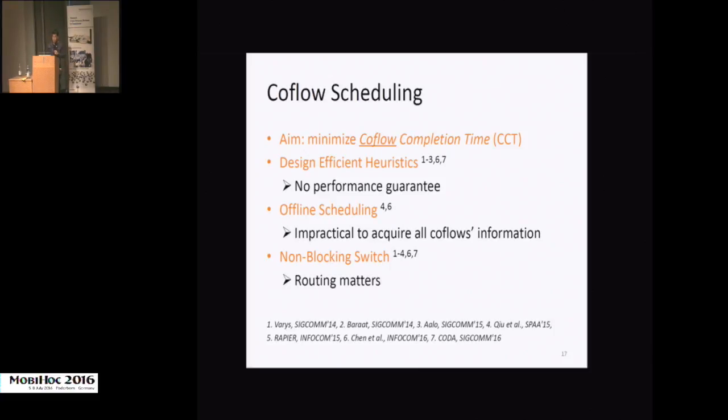Some of them consider the offline version of this problem, which seems impractical, as it is always very difficult to acquire, or in other words, to predict, all the Coflows' information. And the majority of the existing works assume a non-blocking switch to model the network, and routing indeed matters.